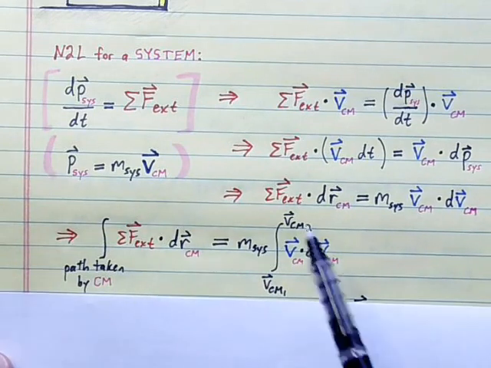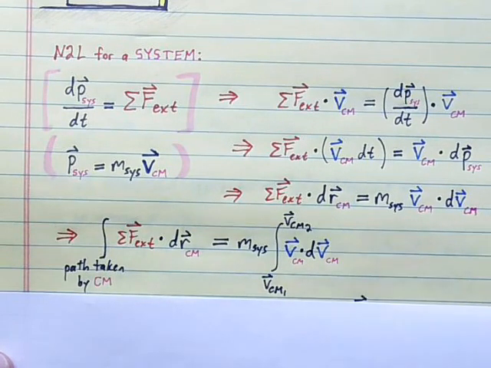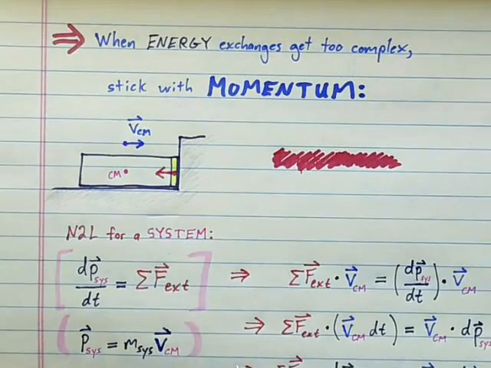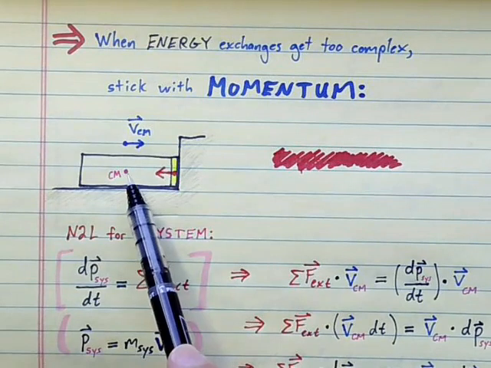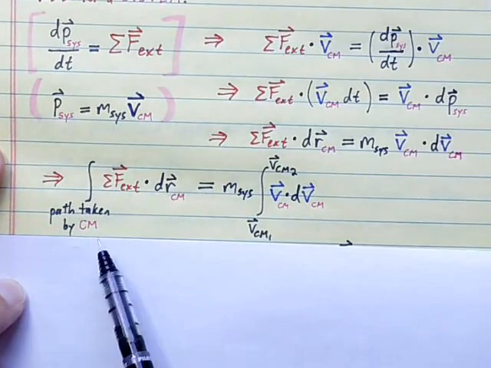Now I'm going to integrate both sides. Each side represents some small change. I'm going to add up all those small changes as we move along the path taken by the center of mass. As the center of mass moves towards the wall, as the block crumples in its collision, that's the path the center of mass is taking.